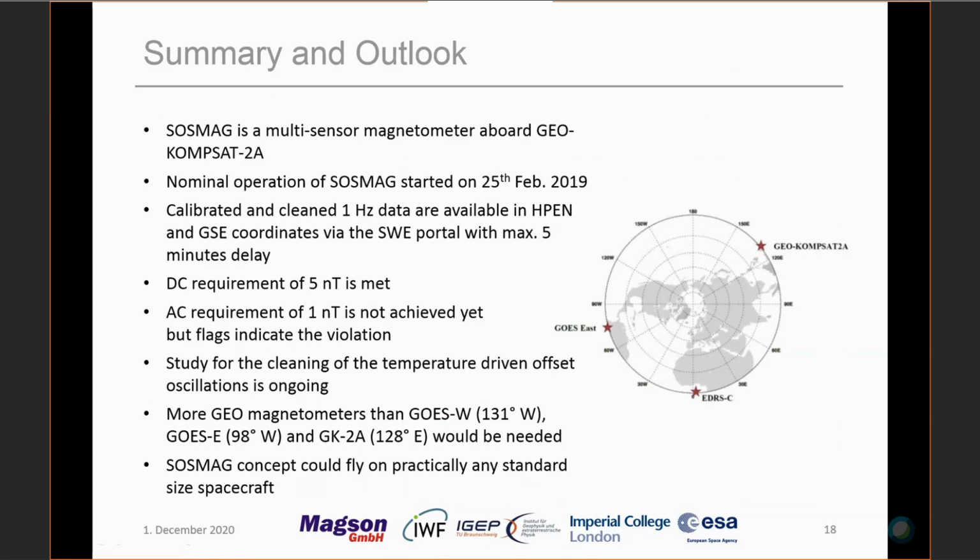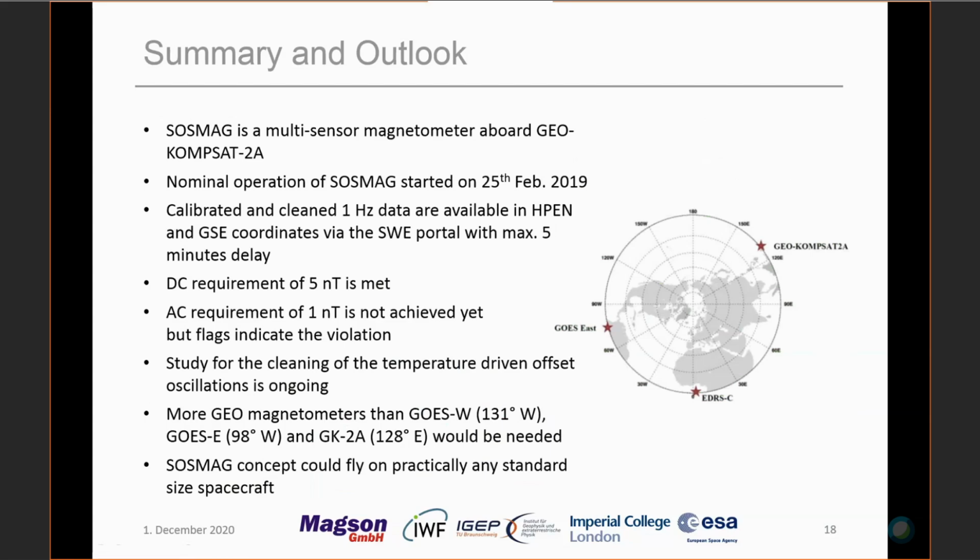So, summary. SOSMAG is a multi-sensor magnetometer on board the GeoCompass mission 2A with nominal operation since approximately 2 years. We have calibrated data in the time frame of 5 minutes. The DC requirement of 5 nanotesla is met. But for the AC, we have violations of the requirements.